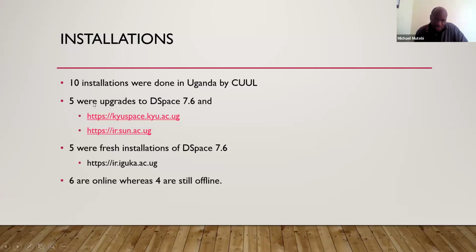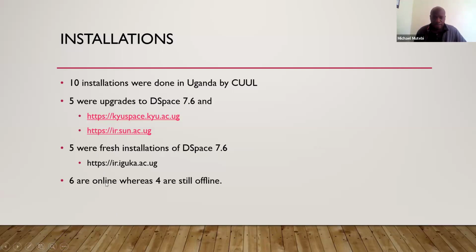So 5 of these installations were upgrades to DSpace 7.6. Most of them were coming from 6.4 to 7.6, which was the latest stable. So 5 were upgrades and 5 of them were fresh installations, also to DSpace 7.6.